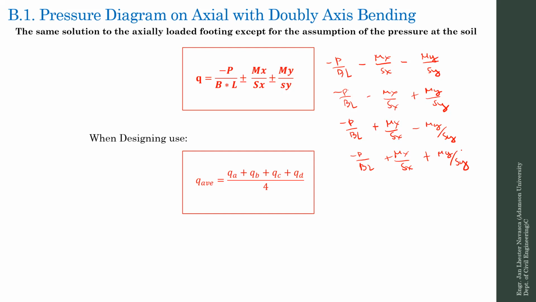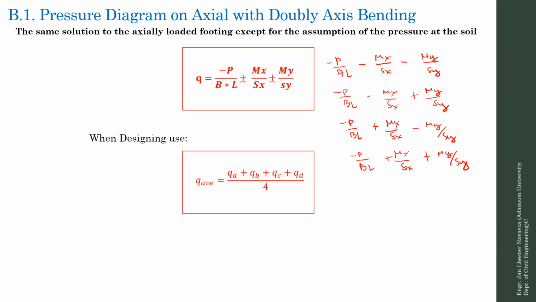Okay, so dalawang case for Mx over Sx, or the bending stress in the x-axis, and two values for the bending stress in the y-axis. And take note of this when we are designing our footing with both axis bending. So they use a Q average, which is Q A plus Q B plus Q C plus Q D divided by 4.